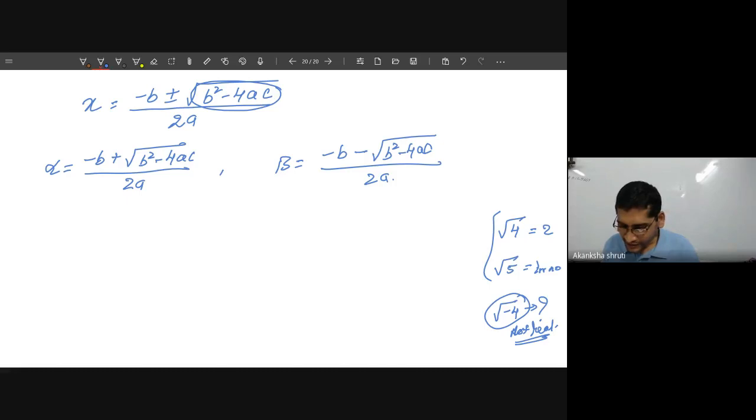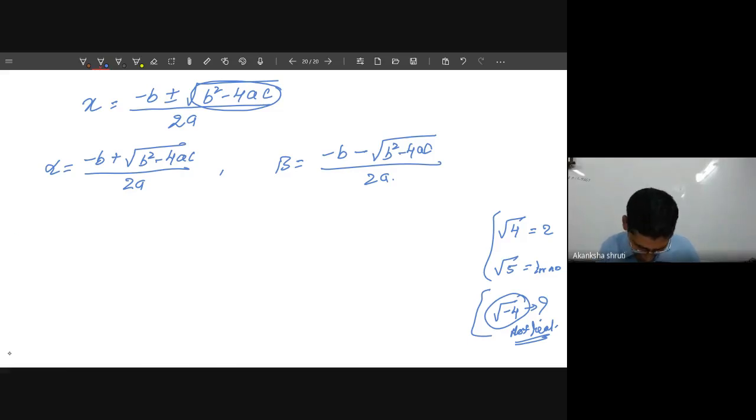Depending on the value of b square minus 4ac, the number inside the root can be perfect or imperfect, or even a negative number. If b square minus 4ac is coming as negative, then that cannot be calculated.